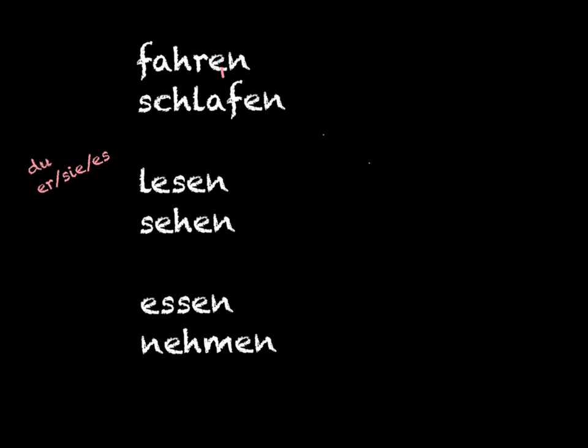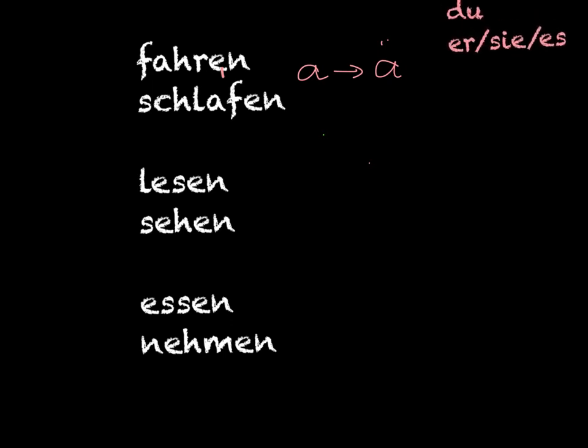The first two verbs, fahren and schlafen, have a stem change of an A to an Ä when we're using the du, and sie, es forms of the verbs. Okay, so it becomes either fährt or fährst. On the second group of verbs, the E becomes IE.